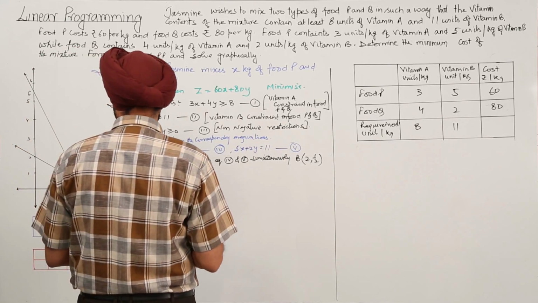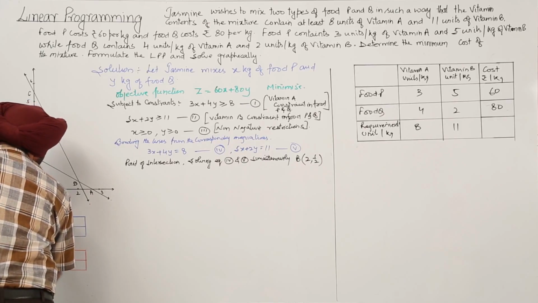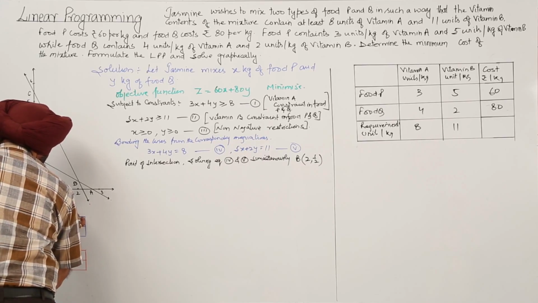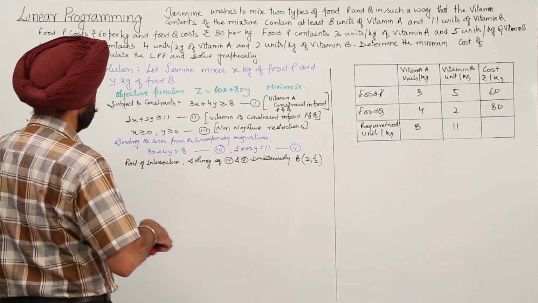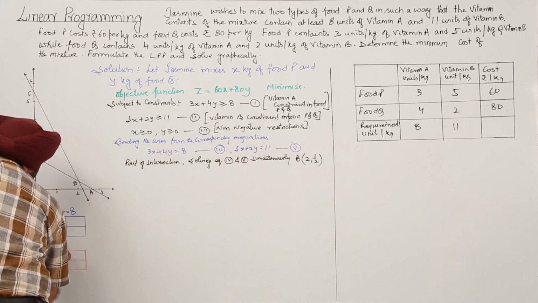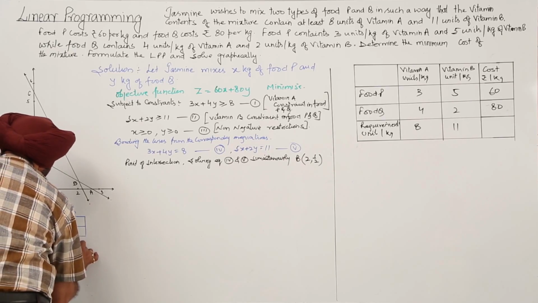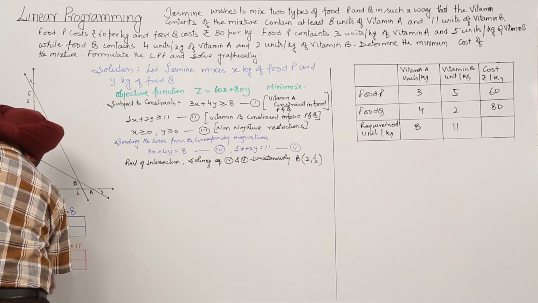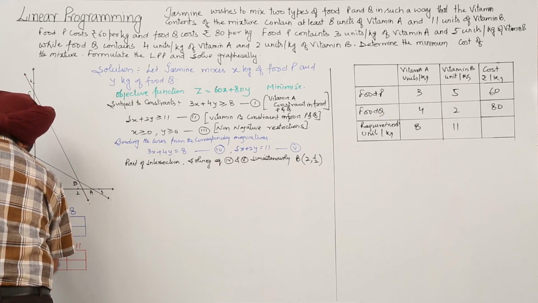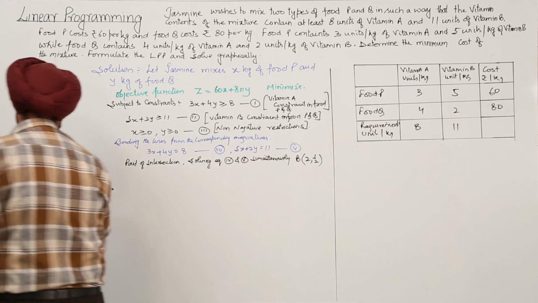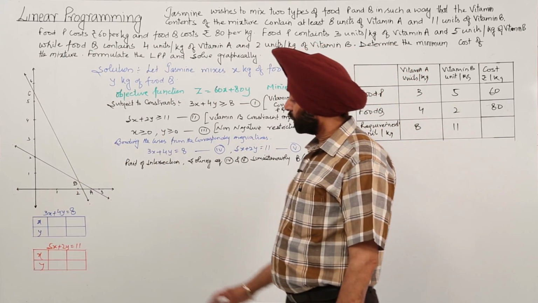Now let us plot the equations. First is 3x plus 4y is equal to 8, and second equation is 5x plus 2y is equal to 11. X and y. Okay. So here I have made the graph.